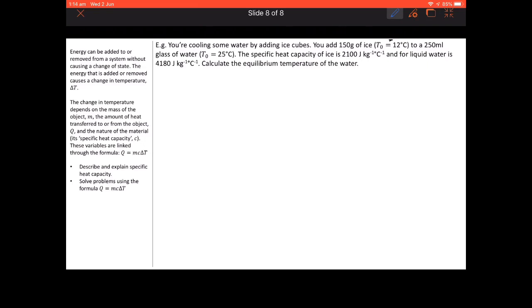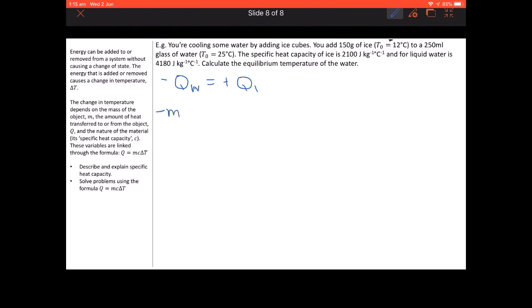And you need to calculate the equilibrium temperature of the water. In order to do that, we'll say that the heat that leaves the water is equal to the heat that the ice gains.